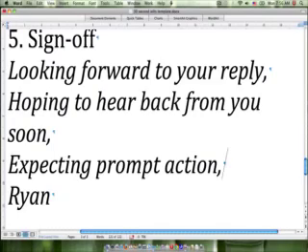So, for example, if I had purchased a snowmobile, and 2 days after I purchased my snowmobile, it breaks down, and I take it back to the store, and I'm told that the warranty is not going to cover the repair of my snowmobile. So I'm upset. I write a letter to the head of the company, and I might conclude with expecting prompt action, which just means I'm hoping that they're going to do something very quickly about my problem.